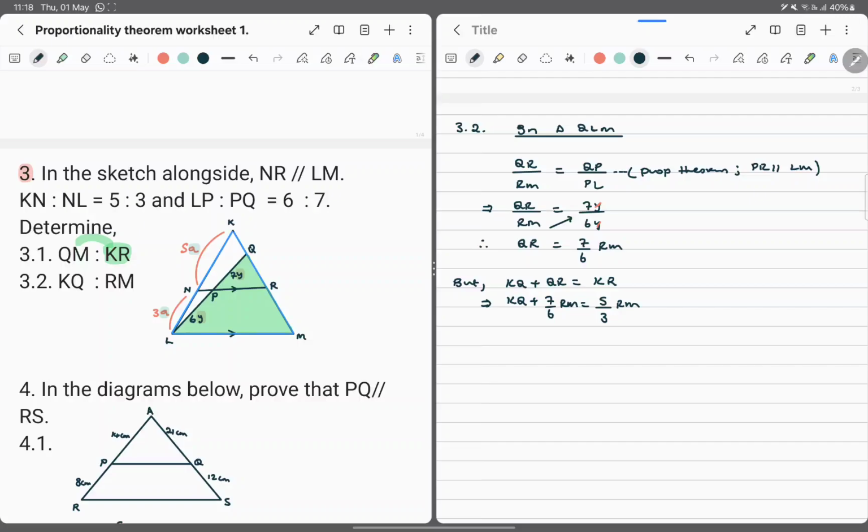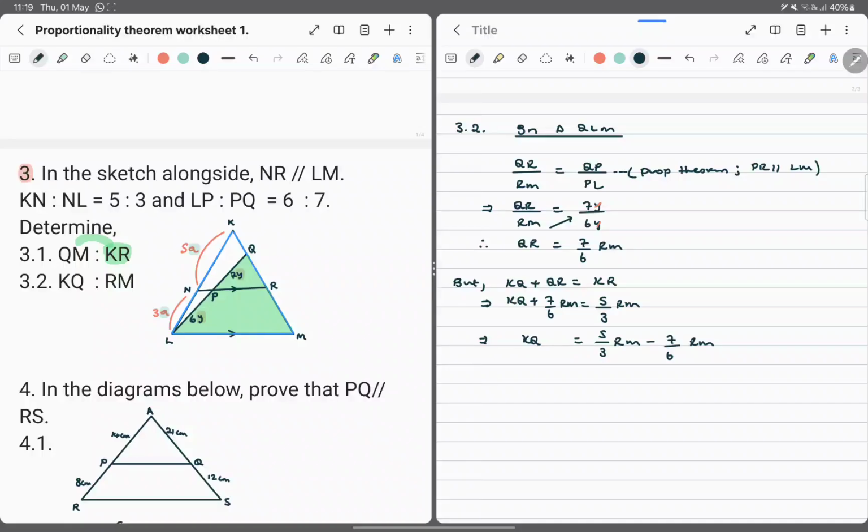All right, so we then transpose, because we've got like terms. Now we know that KQ is going to be 5 over 3 RM minus 7 over 6 RM. Okay.